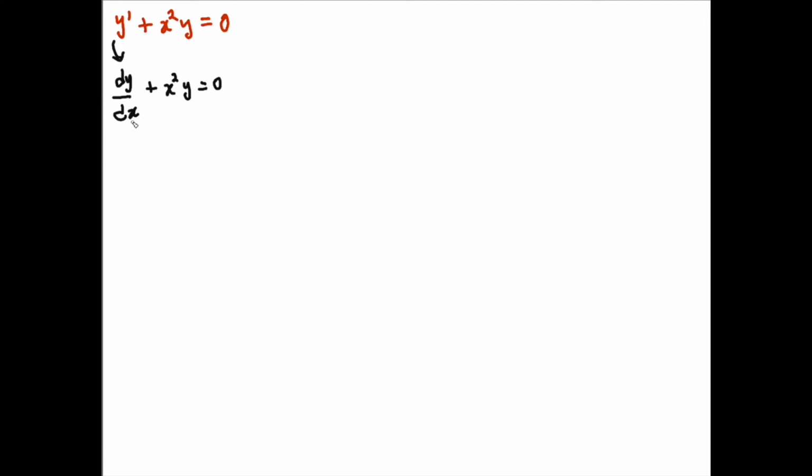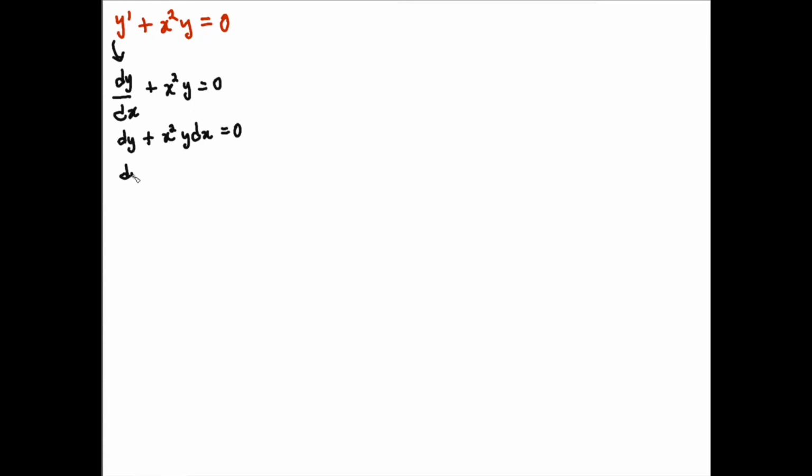Now, what I'm going to do is multiply it through by dx, so we get dy plus x²y dx equals 0. And then we're just going to move this around so we have everything, dy on one side and dx on the other side.